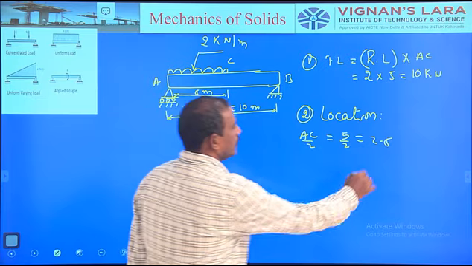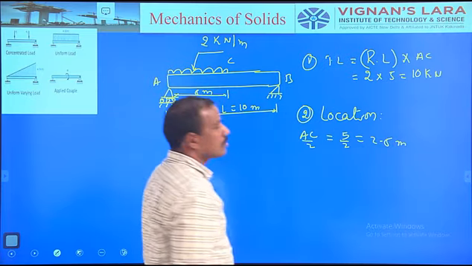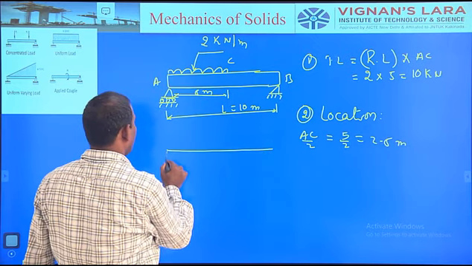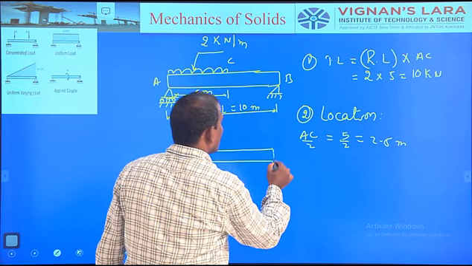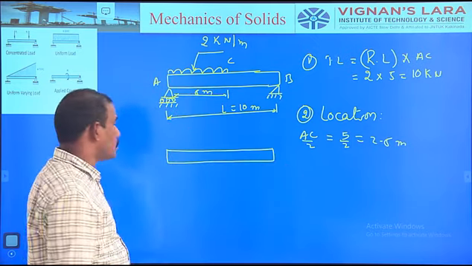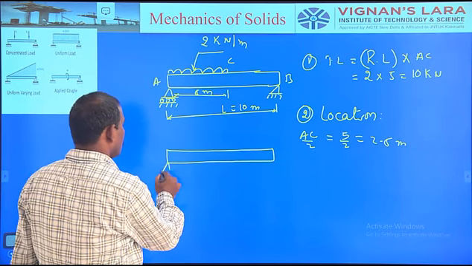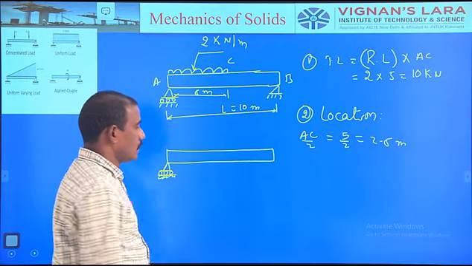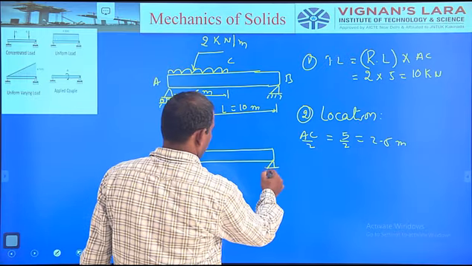I would like to redraw the same beam with the concentrated load or point load after conversion of the distributed load into a point load. So this is, as usual, the roller support. This is the hinge support.